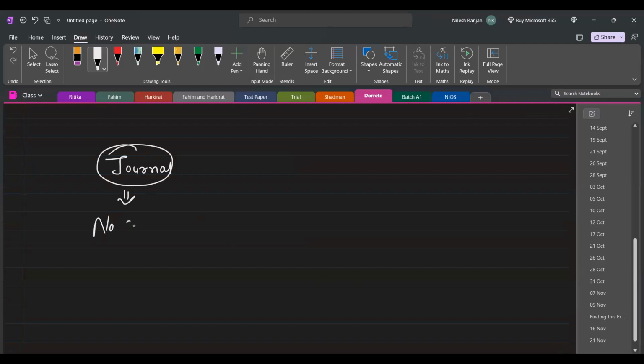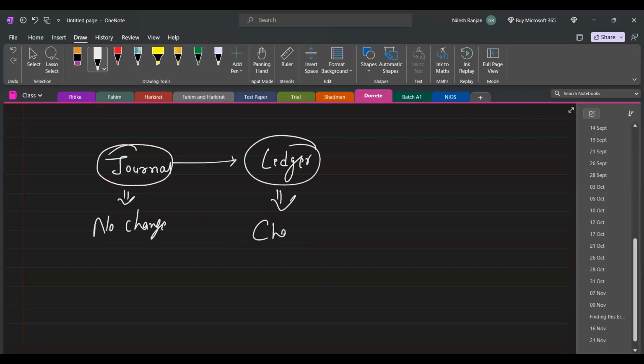You have already prepared your ledger also, so you cannot change this either.